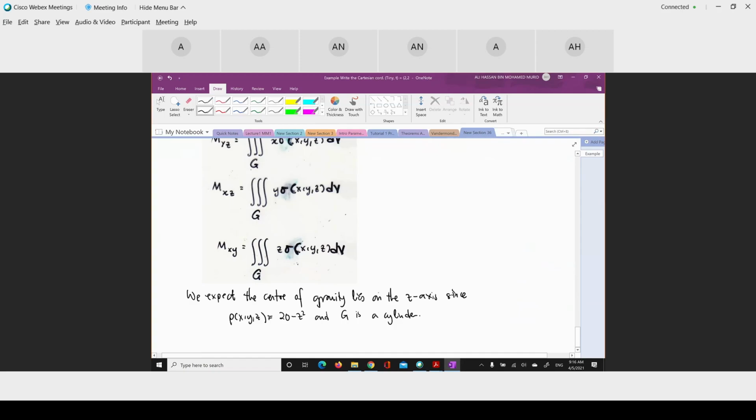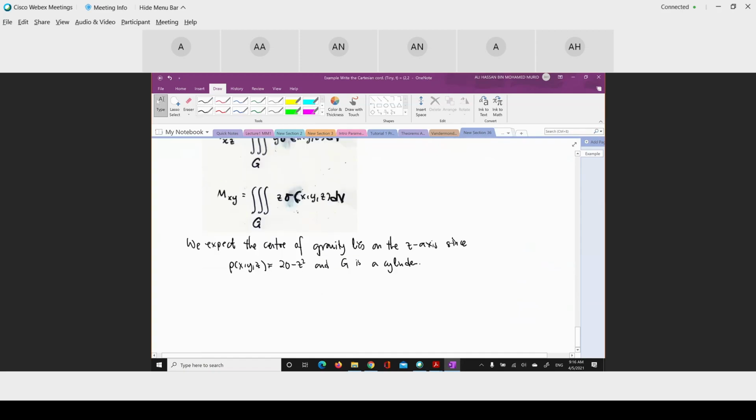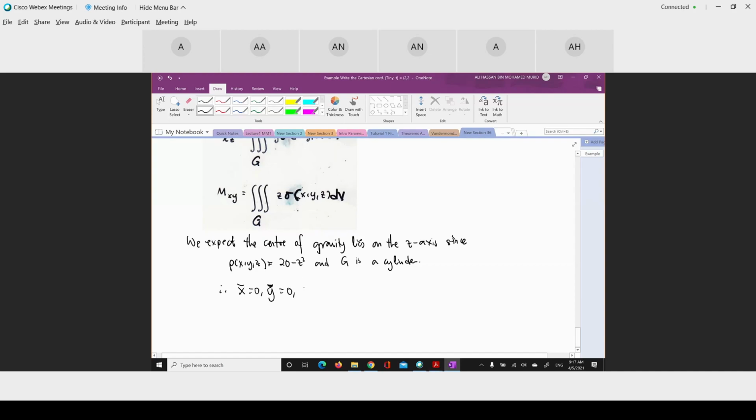Therefore, we expect x bar is 0, y bar is 0, and z bar not equal to 0.